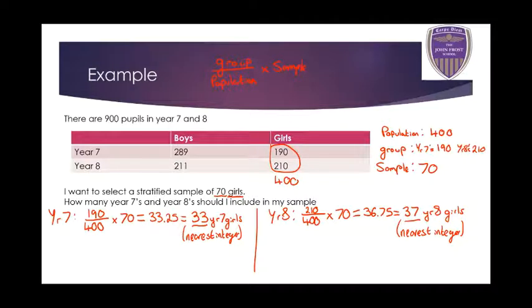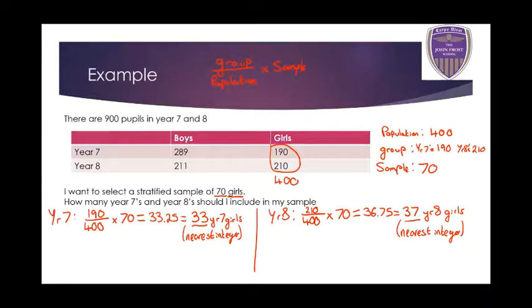Okay. Now there are very rarely, but there will be sometimes when you can do everything correctly, you can do this formula, and when you round the numbers, your 2 or 3 final answers won't add up to the sample size. That's just because of the quirks of rounding, really. So just double check every time that the numbers do add up to the sample size.